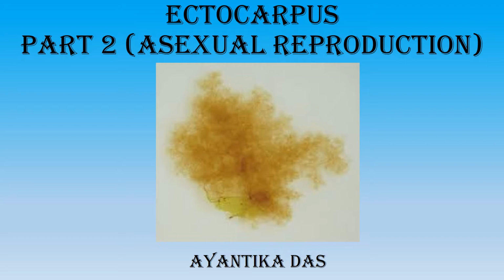Alternation of temperature alters the reproductive cycle in Ectocarpus. That is why I am mentioning the temperature conditions, because under warm conditions it reaches reproductive maturity faster than when raised under its normal temperate climate.